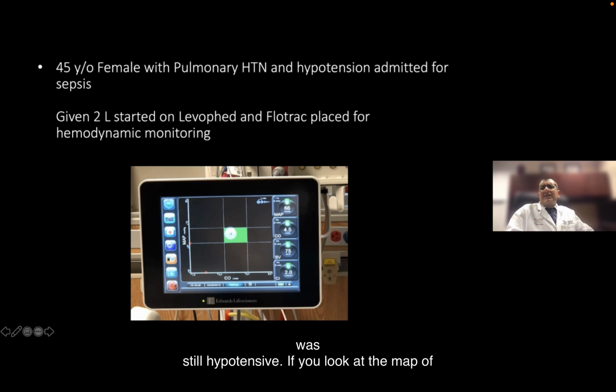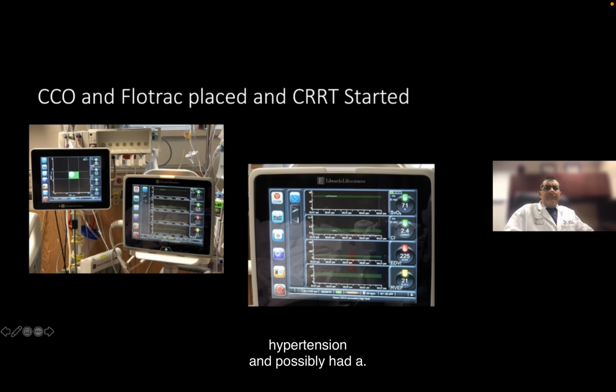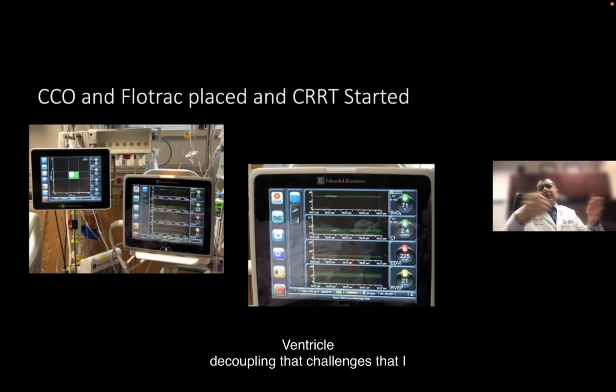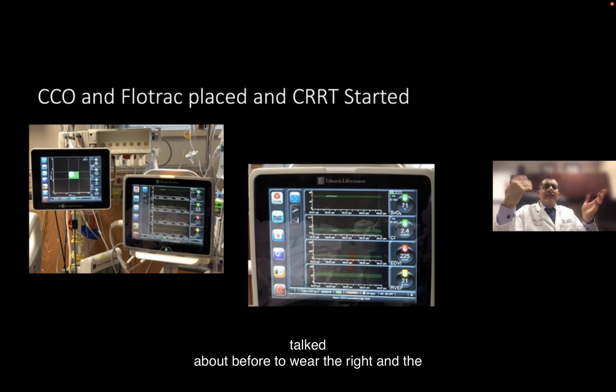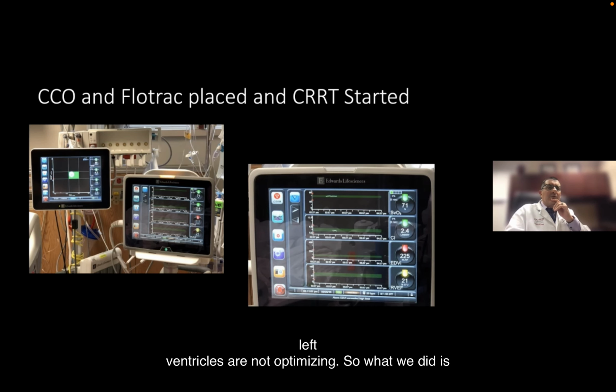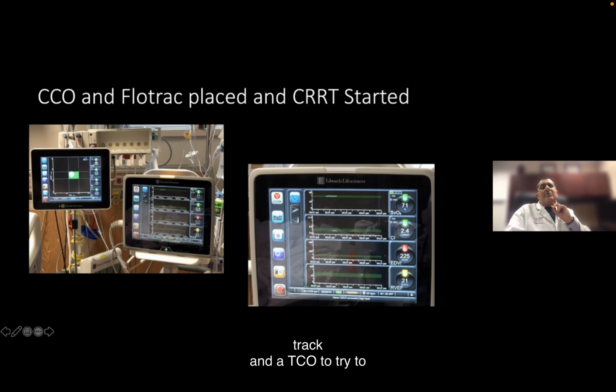If you look, the MAP was 66 despite maximum Levophed, so we knew that the patient had pulmonary hypertension and possibly had ventricle decoupling. That's the challenge I talked about before, where the right and the left ventricles are not optimized. So what we did is we tried to optimize with a FloTrac and a CCO to give them the best ability.